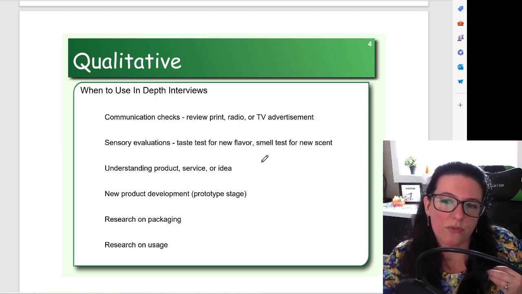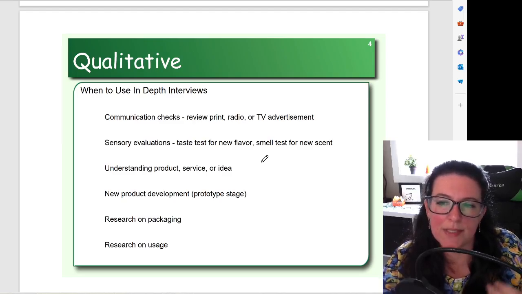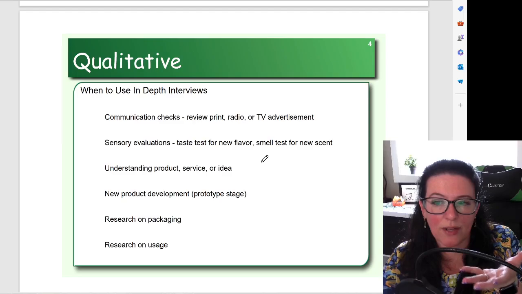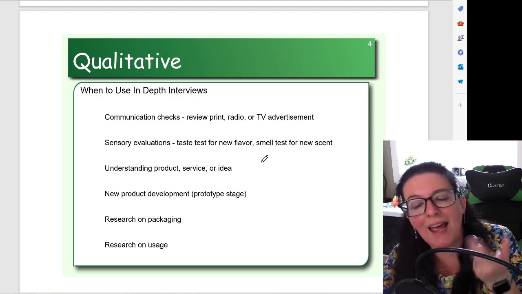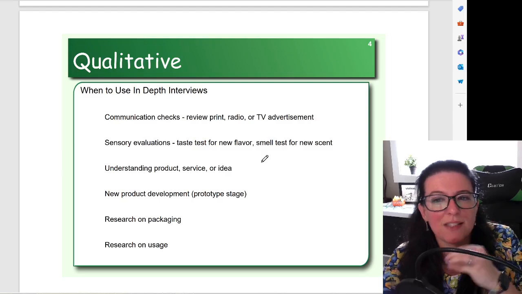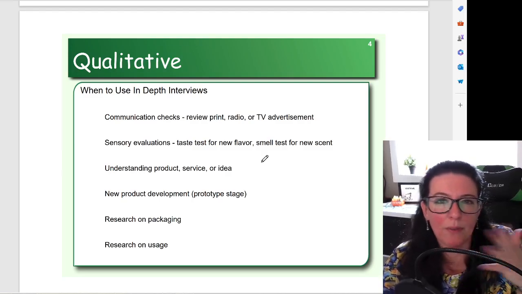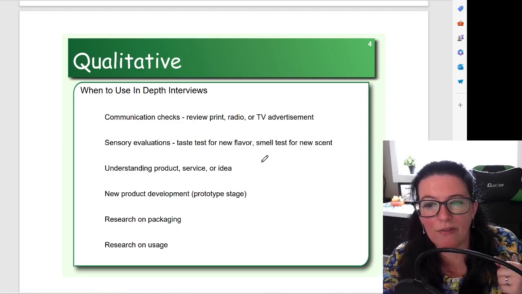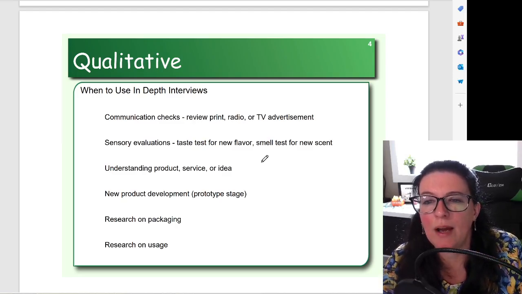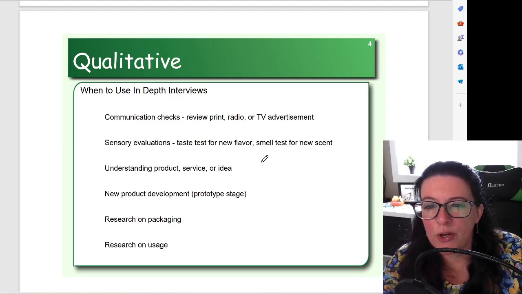Again, those are often done in a focus group setting where you say, okay, here, try that. Let's look at this new product and give us your thoughts, describe it. The benefit, of course, is that people are building off of each other, but you could do that in an interview setting. So we could use it to understand products, services, or ideas.